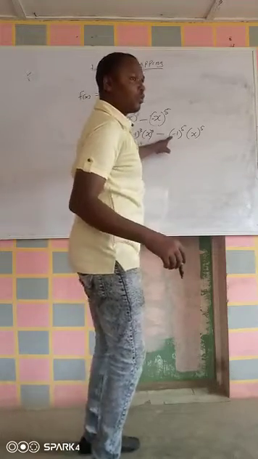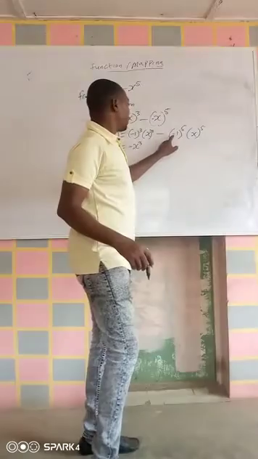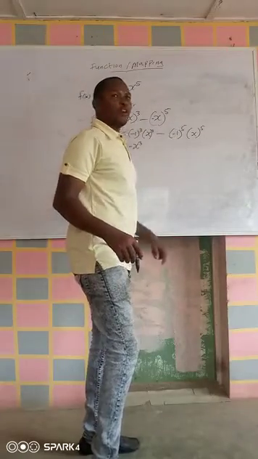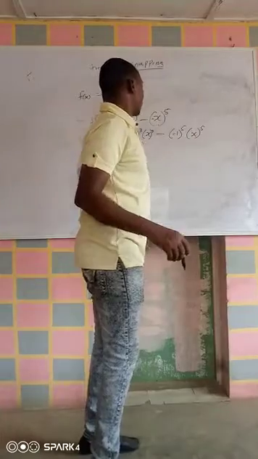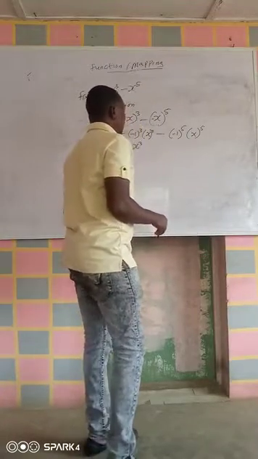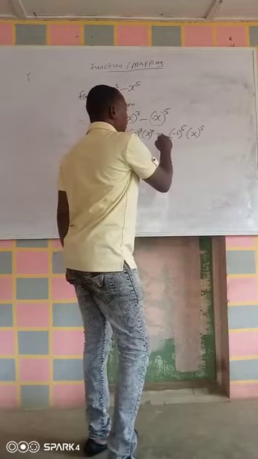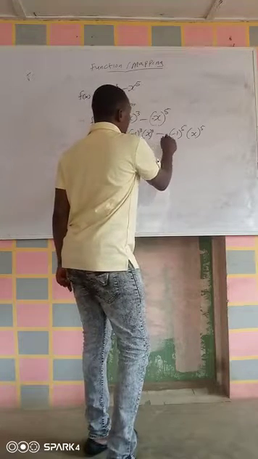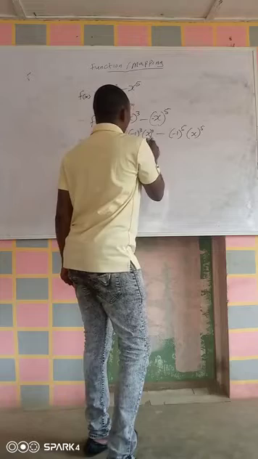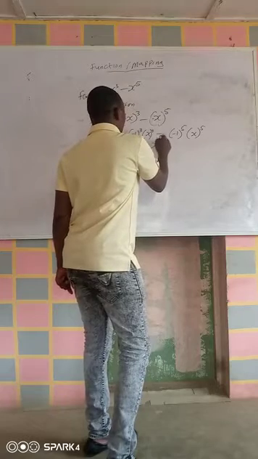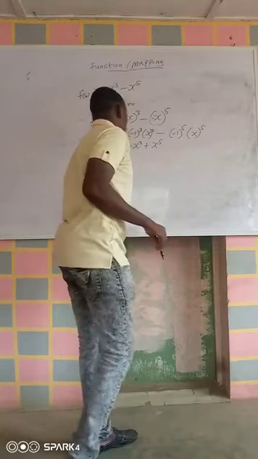This one is also raised to an odd power, so it becomes minus 1. Minus 1 times this gives us minus x raised to 5. So this minus x raised to 5, times the minus in front, becomes plus x raised to 5.